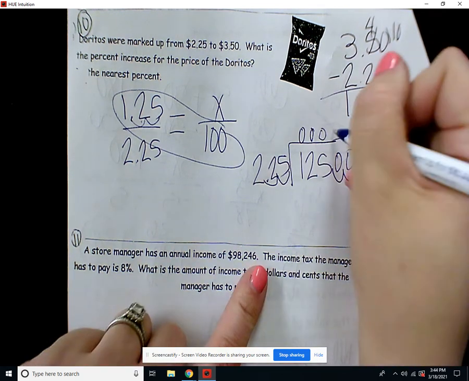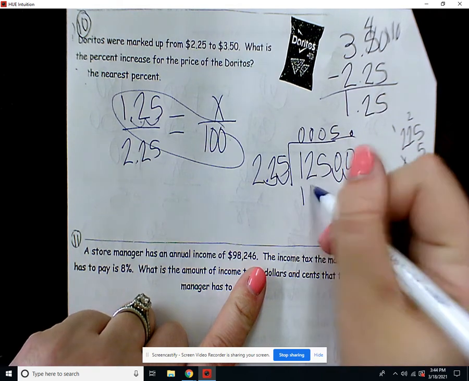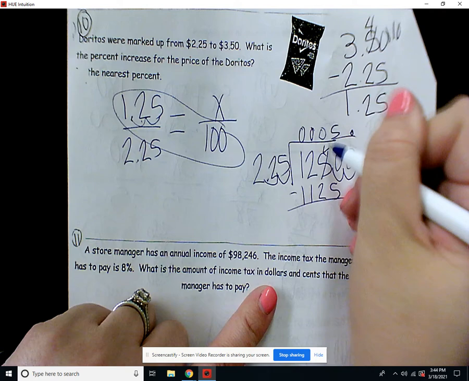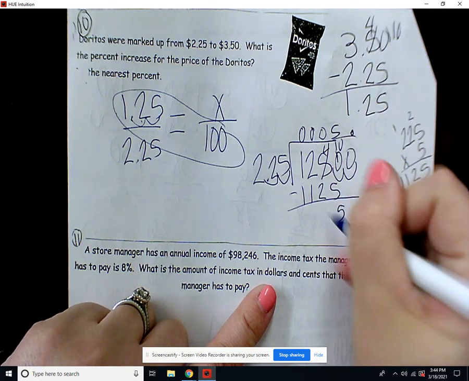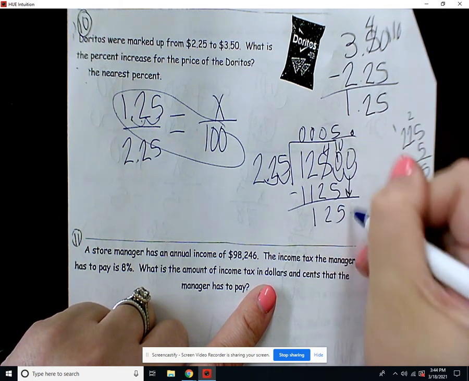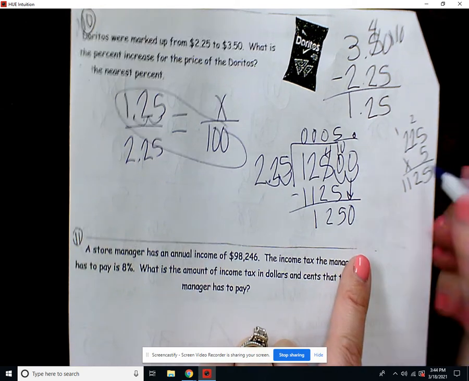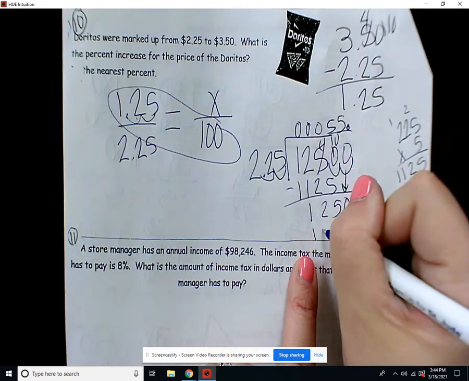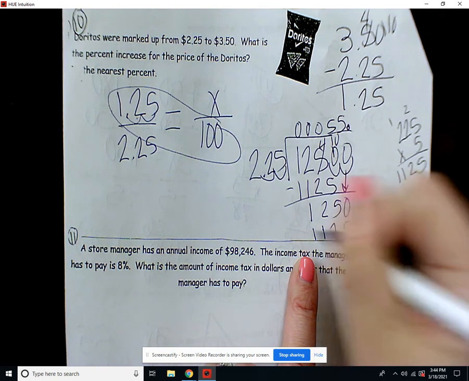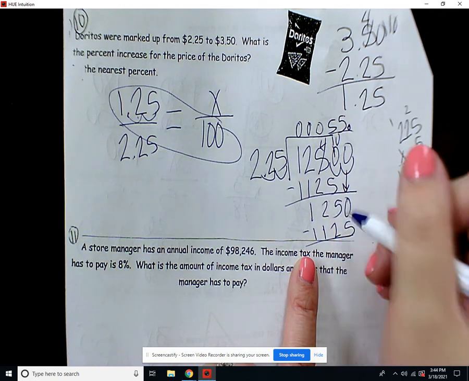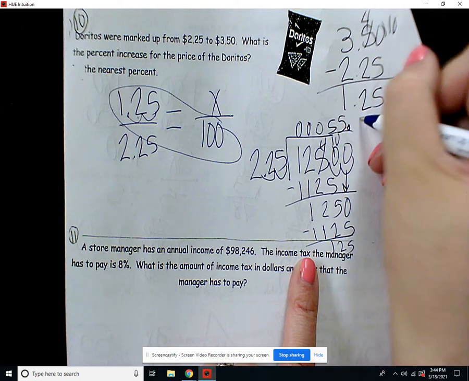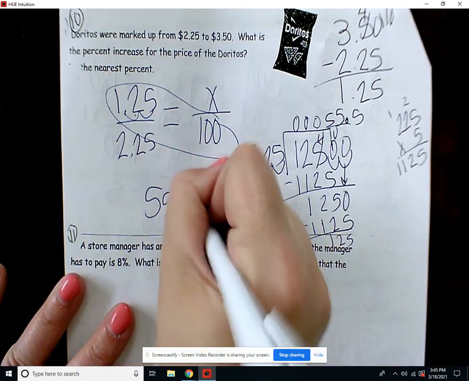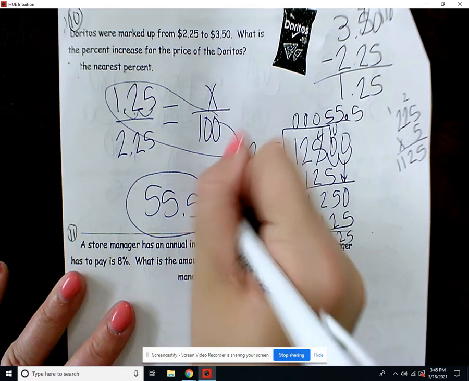Ooh, 5 worked out good. So we get 1,125. So we're going to subtract. And then it's going to go in there again 5 times. And then it's going to keep repeating. So we get 55.5%.